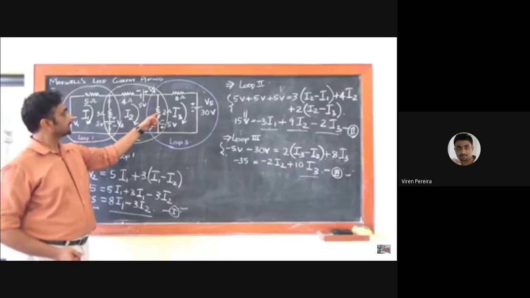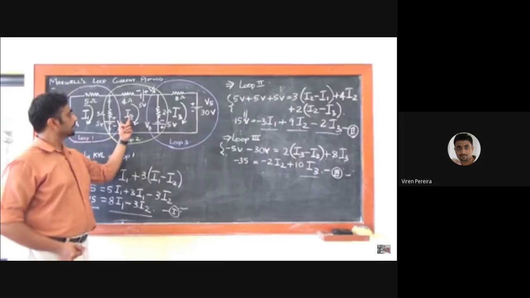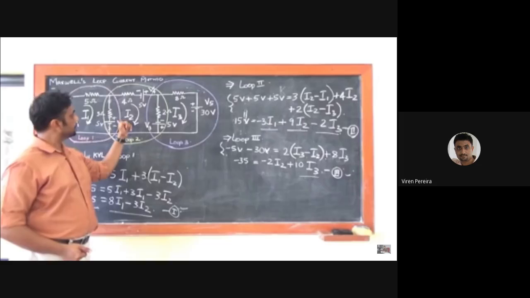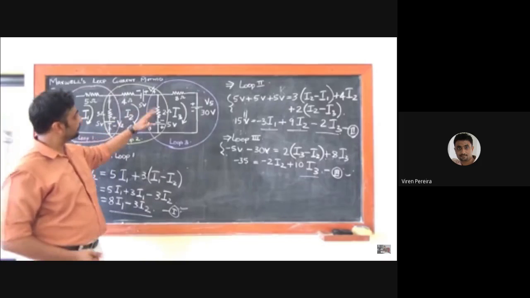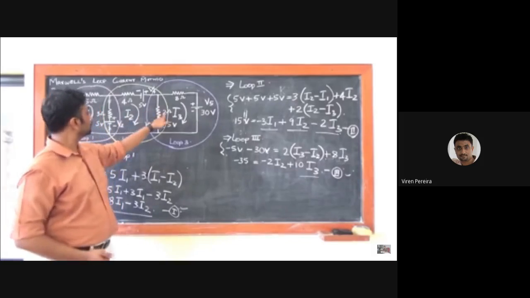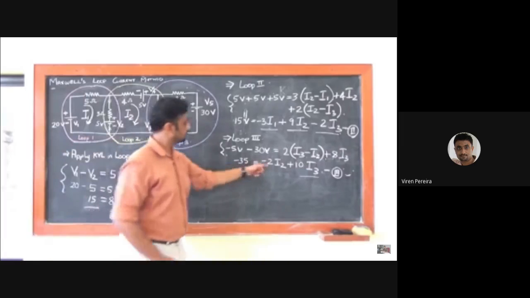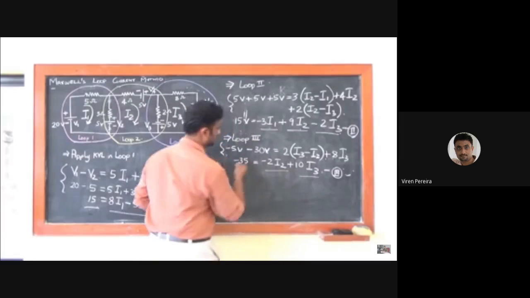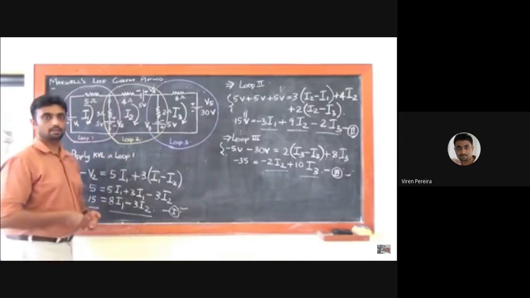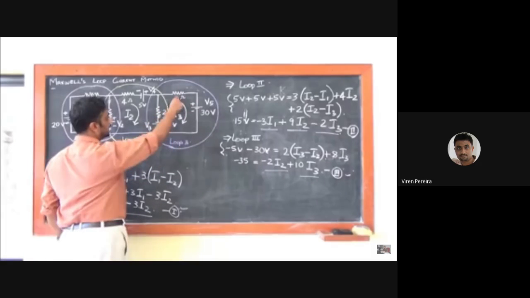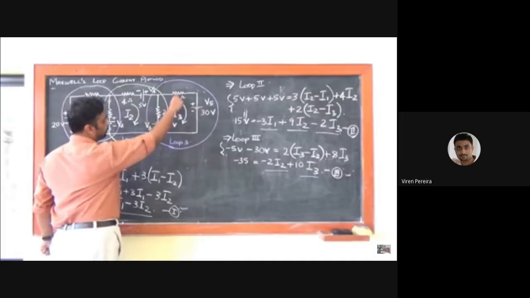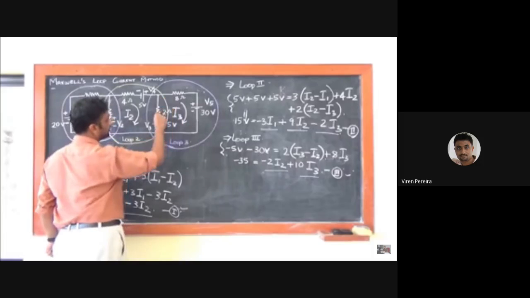Now, what about this resistor? It is coinciding or linked with the loop current of I2. So we have minus 2 I2. So what we do is we add the resistors 8 plus 2, because I3 is flowing in 8 ohms and 2 ohms.